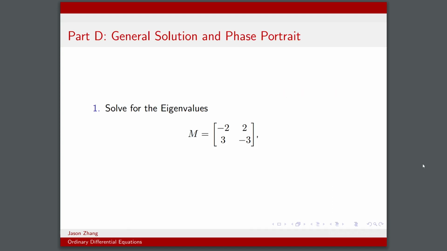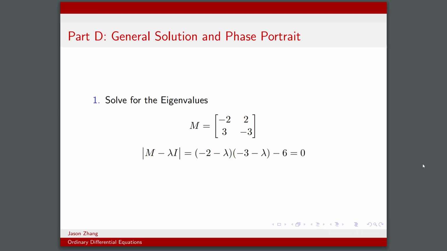So now for part D, we want to actually solve for the general solution, and we want to draw the phase portrait. First of all, we need to find the eigenvalues of the coefficient matrix. Here I've called it M. In order to find the eigenvalues, we will take the determinant of M minus lambda times I, where I is the identity matrix, and lambda is just our eigenvalue, which we do not know yet.